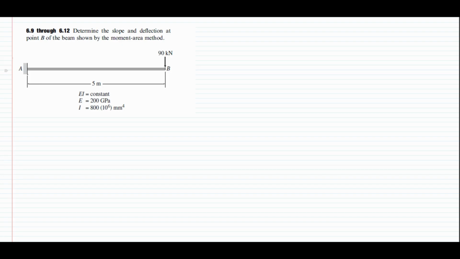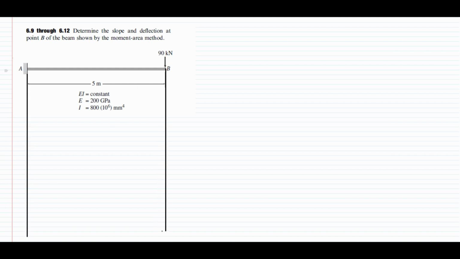So now let's project our lines for our shear force, bending moment, and conjugate beam. Make them a bit longer. Our conjugate beam is similar to the moment area method on determining our deflection and slope.